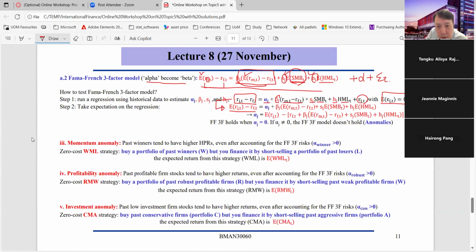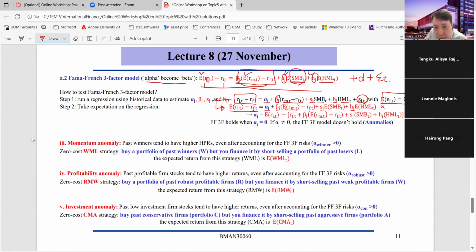Like before, RFT doesn't move that much, so we don't put expectation here, and this is also risk-free, so it's already given to you. Alpha is the intercept, so just a constant, so we don't need expectation here. Beta is a constant, S is constant, H is constant. Now the expectation of the error term goes to 0, so there's no error term here.